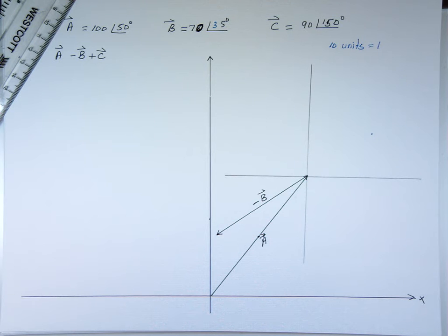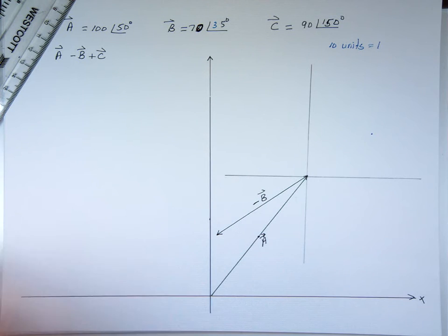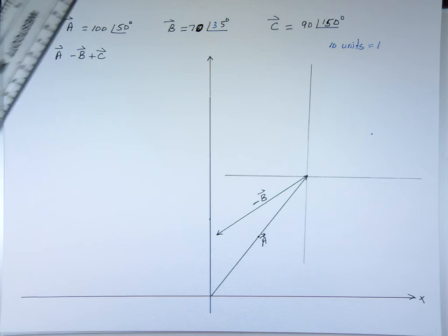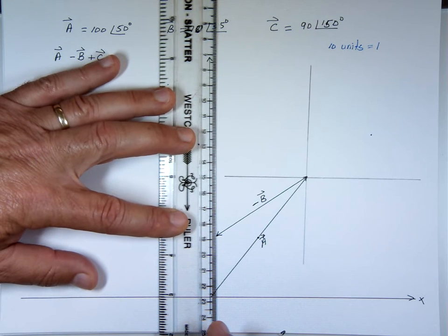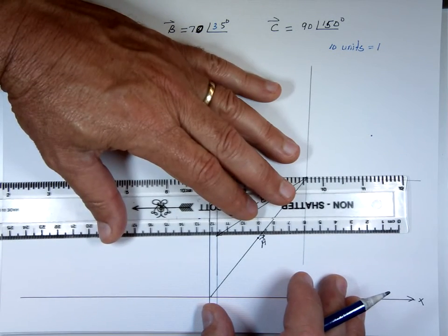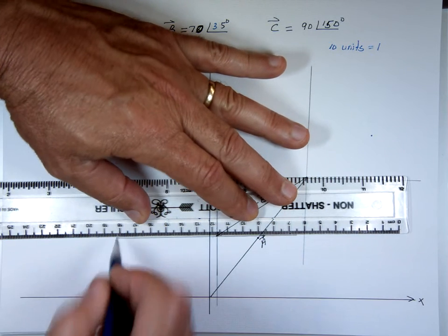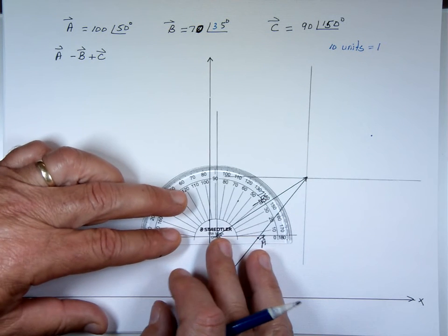If I was adding, I would go in that direction. But because I'm subtracting, I'll come back. Change it completely 180 degrees. Now again, put another set of x and y axes right here. And now let's see, where is vector C? Vector C is what direction? 150, right?